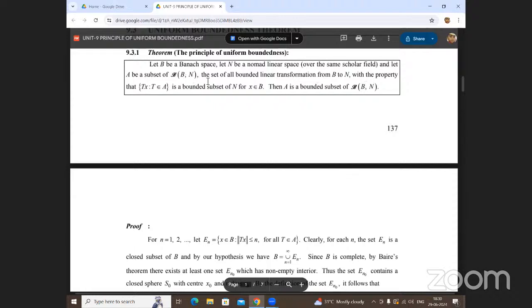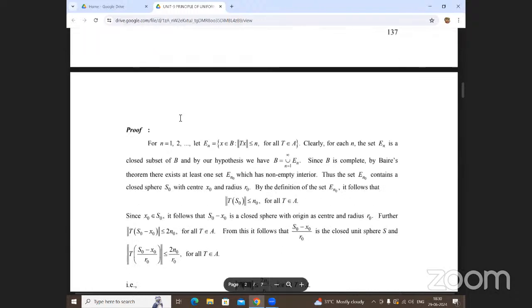So the set of all bounded linear transformations from capital B to N is the subset capital A. Any one element of the subset, capital T belonging to A, and the image of the element Tx, for T belonging to A, is also a bounded subset of capital N, for small x belonging to capital B. That is the simple statement of the principle of uniform boundedness theorem.